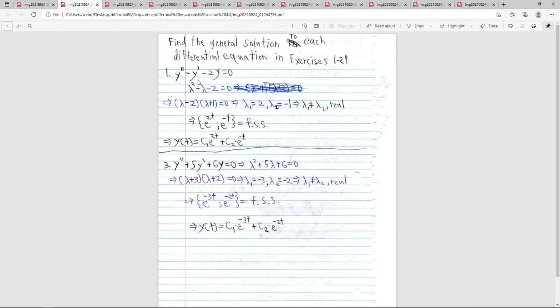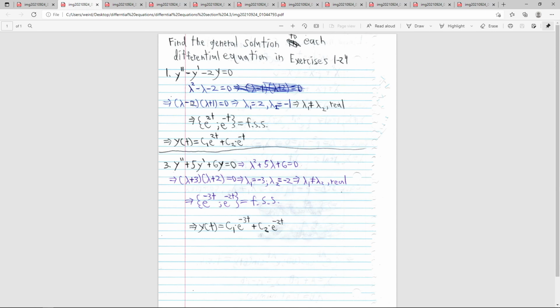So y, the second derivative of y, minus y prime minus 2y equals 0. So lambda squared minus lambda minus 2 equals 0. And some of these you can quickly just factor. Basically you reverse FOIL, so you form it into lambda minus 2 and lambda plus 1 here.